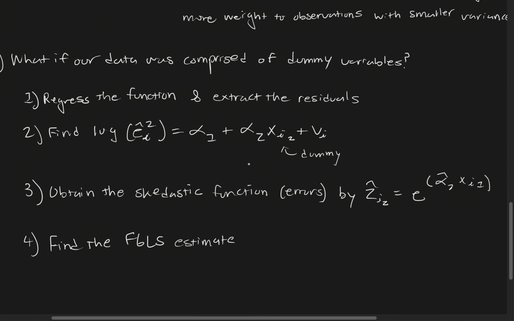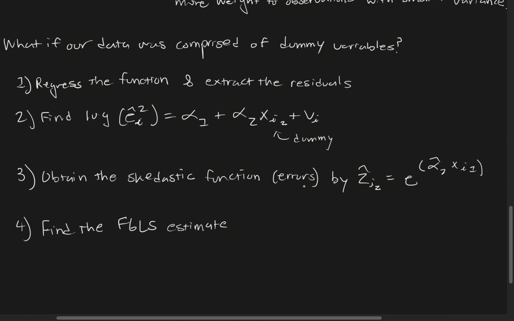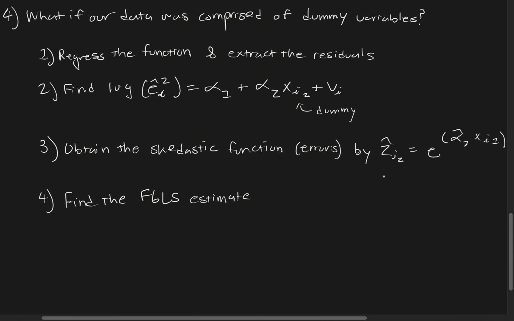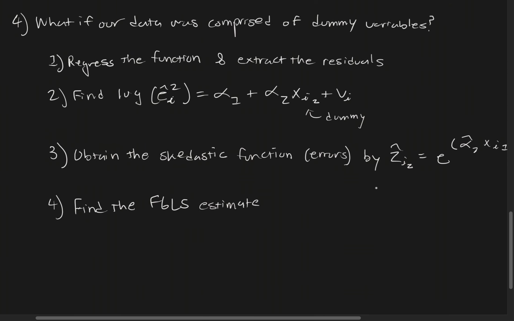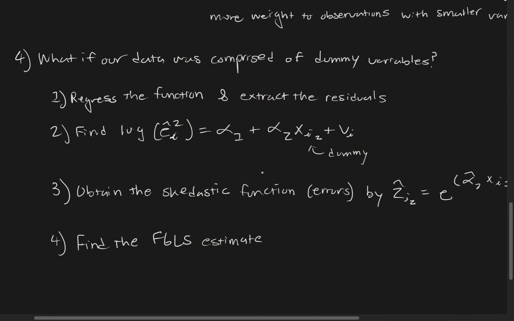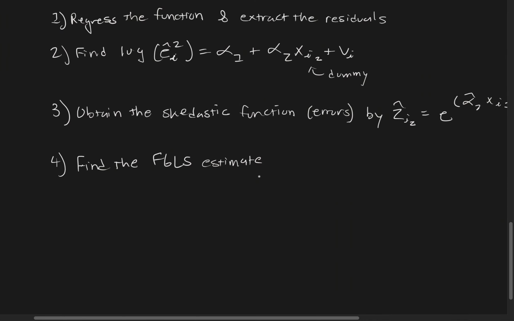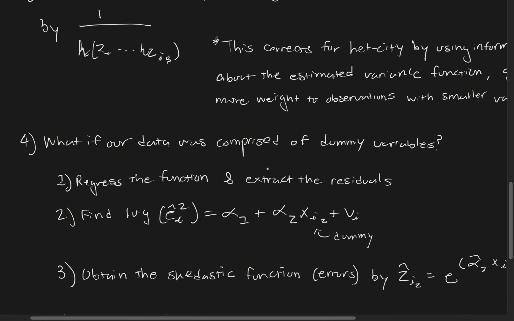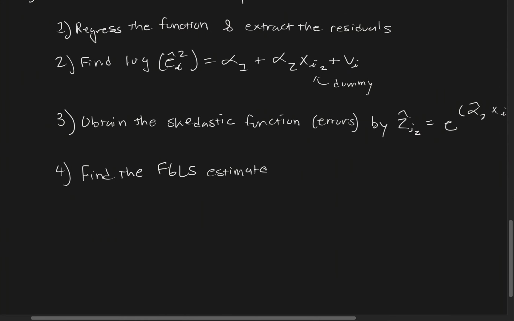We'll get the skedastic function, or the unknown errors part of the function, power it by e, and then find the FGLS estimate. So the process is the same. Algebraically it's probably different, but dummy variables are, at the end of the day, another type of variable.